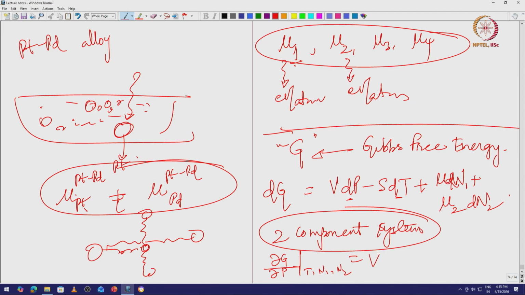Or volume by N gives you the density, volume by mass gives you the density. Okay, so then what is entropy, right? So we did this exercise earlier, dou G by dou T equal to minus S, keeping constant pressure, constant N1, constant N2, which means this entropy can change if I change the pressure, N1 and N2, right? Entropy is dependent on pressure, N1 and N2, but at a given pressure, given N1, given N2, entropy is given as dou G by dou T at that pressure, N1 and N2, okay?